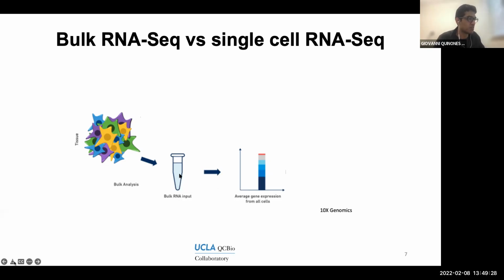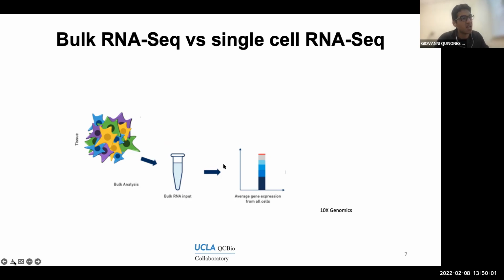Eventually, you get a pool of RNAs that come from different cell types, different individual cells from the same tissue. Once you process them, sequence, and get some data, you'll obtain a signal. And this signal, in this case gene expression, is the average signal for all the cells that were present in the batch.